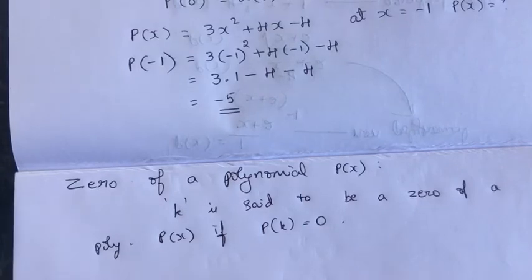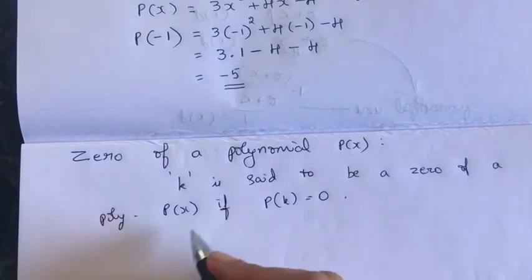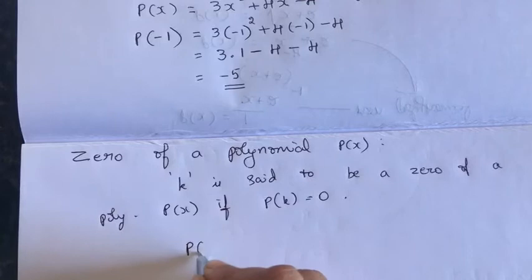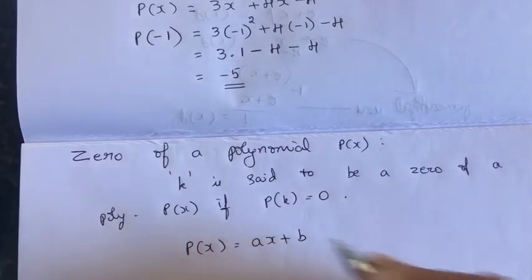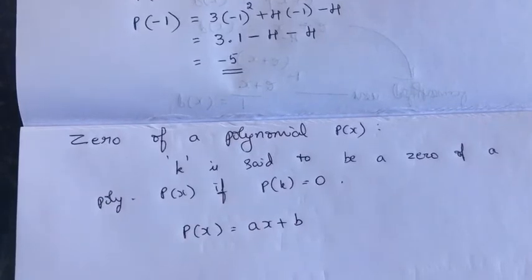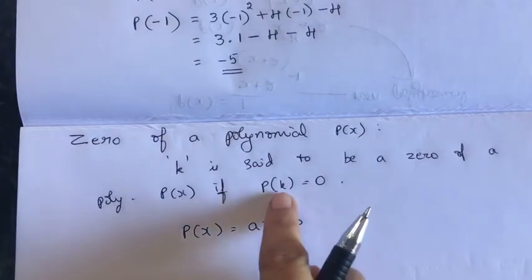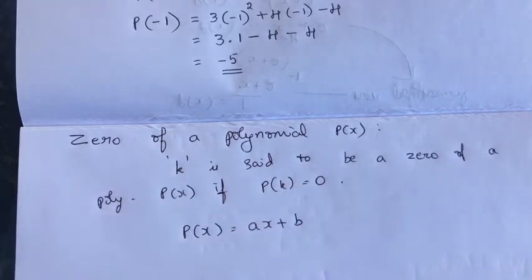So suppose I have a linear polynomial P of x equal to ax plus b. I know this is a linear polynomial. Now to get P of k equal to 0, meaning the zero of this polynomial, I have to take the value of P of k as 0.